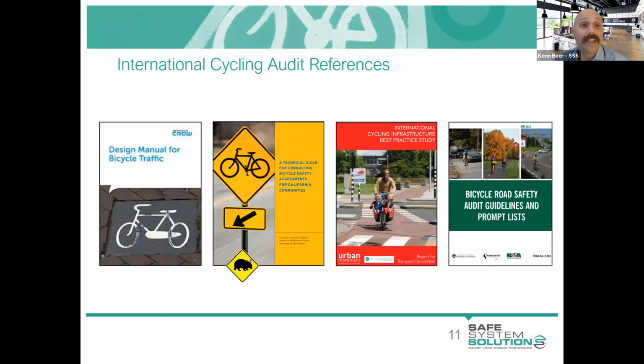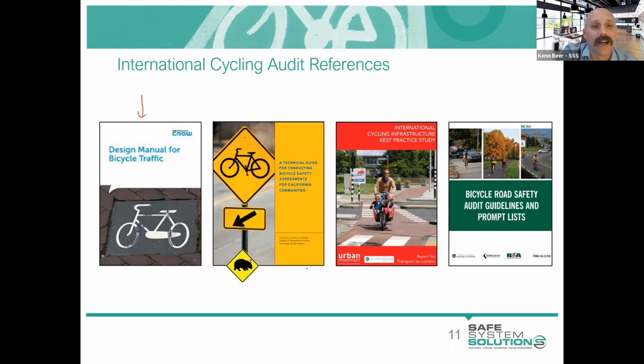And then there's the CROW manual, which is the Dutch bicycle manual or design manual for bicycle traffic. I mean, it's generally considered the Bible in this space. It's the go-to. And then you'll see that there's a few other ones out there available.